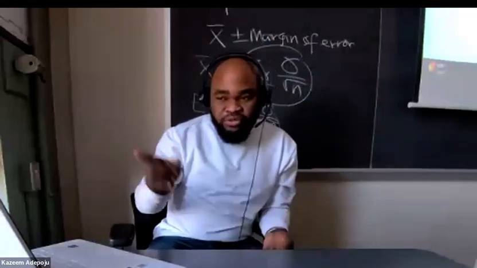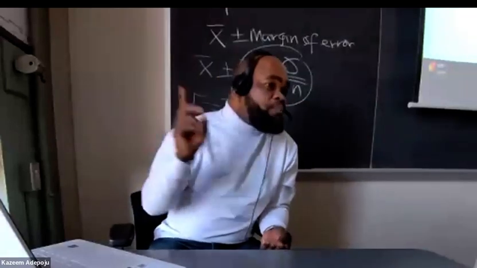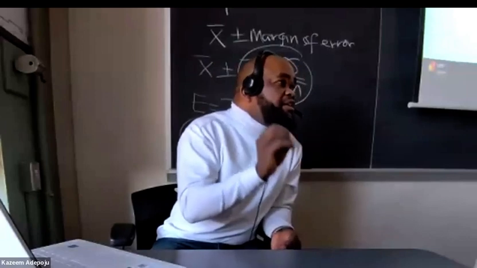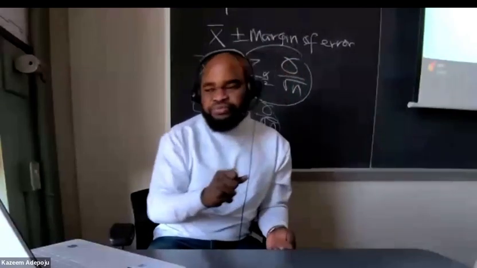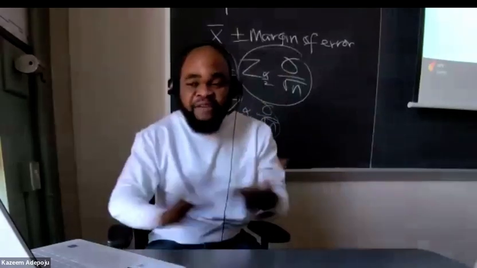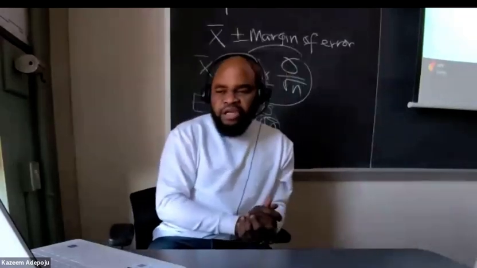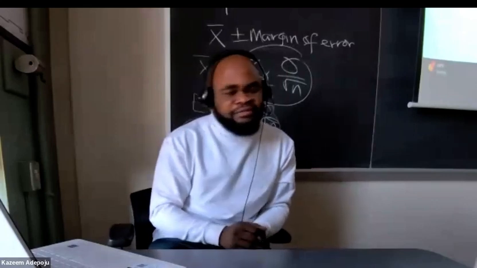So that's what I said: did the experiment follow principle? Your experiment that you design, you have to make sure it follows principle. Now, if everything is okay, then we go into analysis.